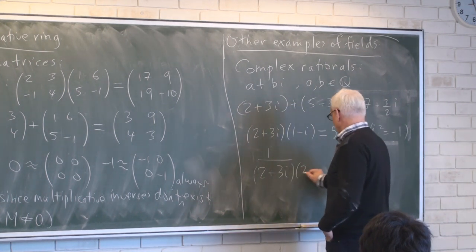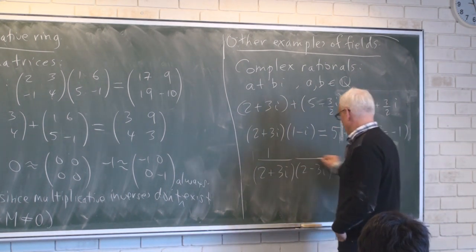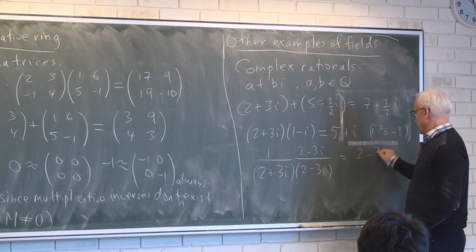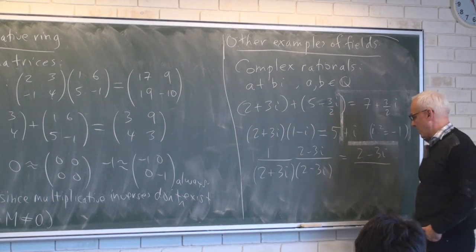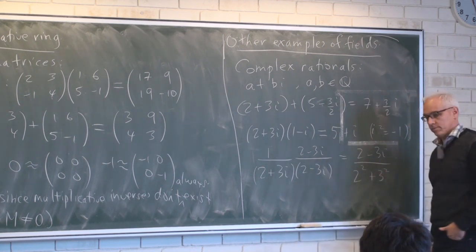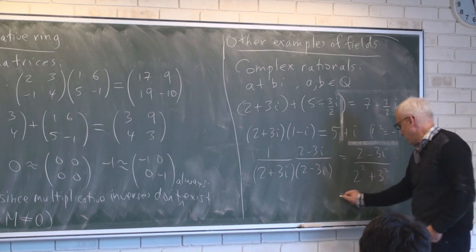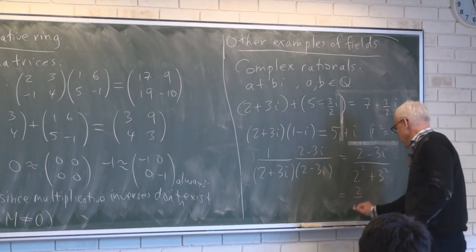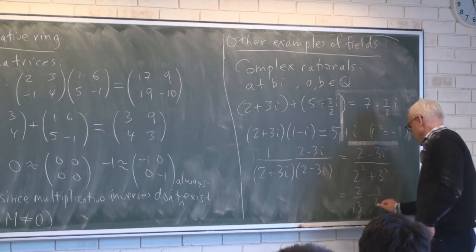Well, we multiply top and bottom by 2 minus 3i, giving us 2 minus 3i, and on the bottom we get 2 squared plus 3 squared. So that would be 4 plus 9 is 13, so 2 over 13 minus 3 over 13 i.